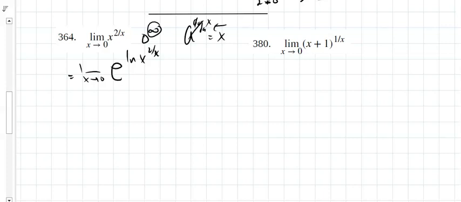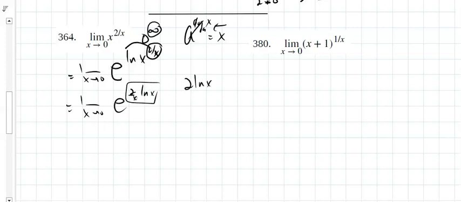We're going backwards. This will be the limit as x approaches 0 of e. One of the properties of logs, I could move that in. Now I have two options. I'm thinking of this as either twice natural log of x over x or 2 over x times natural log of x, depending on what benefits me.